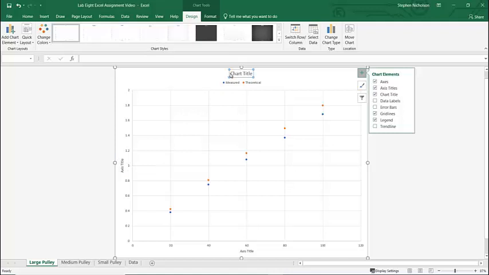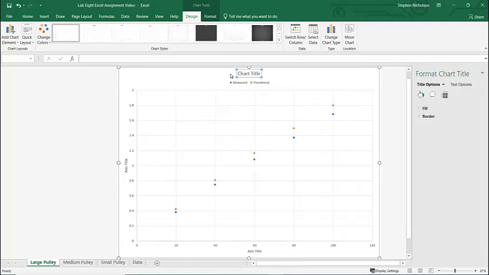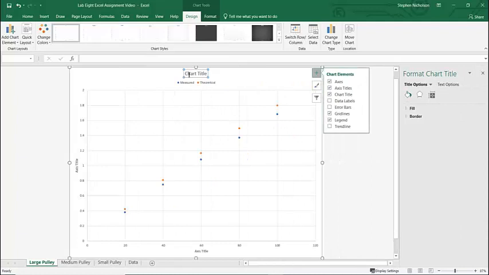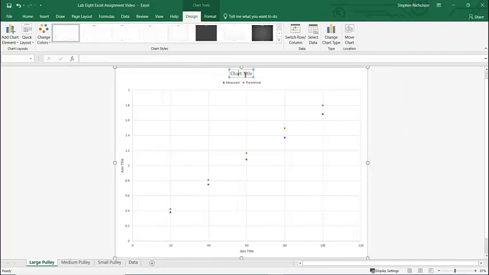So the chart title, I'm going to call it acceleration with large pulley. And the other ones we'll do small and medium.